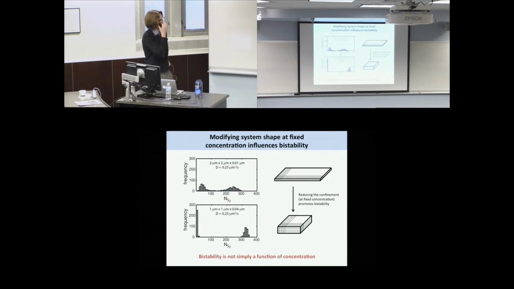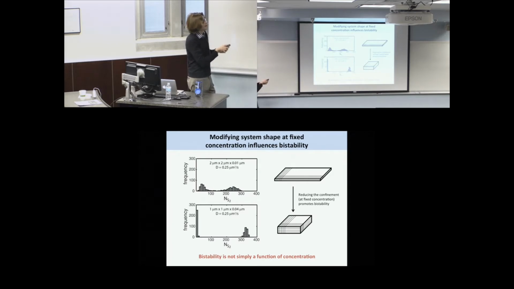So this next result I like. Here what we're going to do is keep the concentration fixed. We're going to have two systems, one that's purely two-dimensional, one that is slightly thicker. We're going to shrink it by a factor of 2 in each of these big dimensions and increase it by a factor of 4 in that thick dimension. Same volume, same number of molecules, different shape.